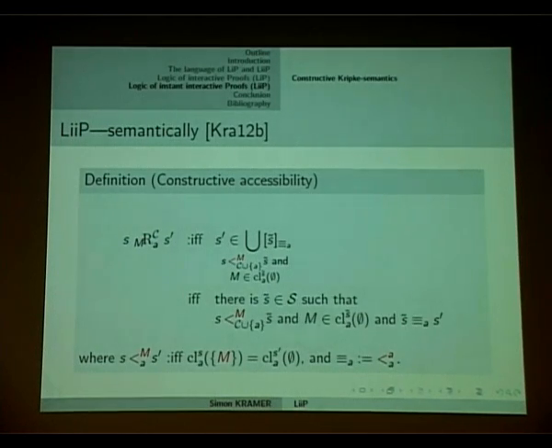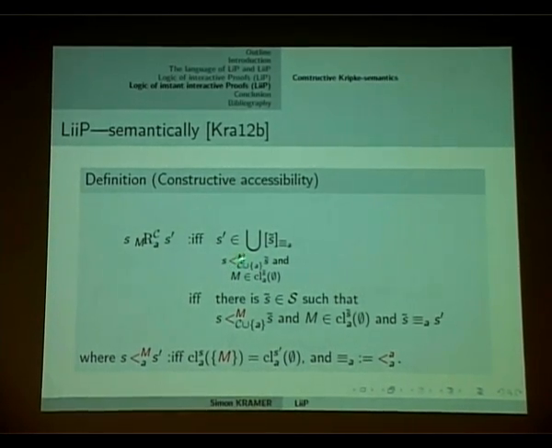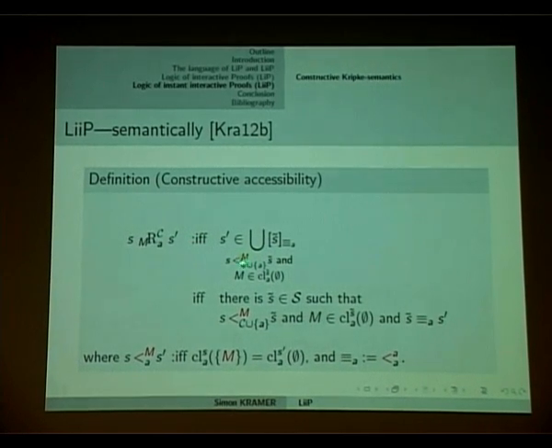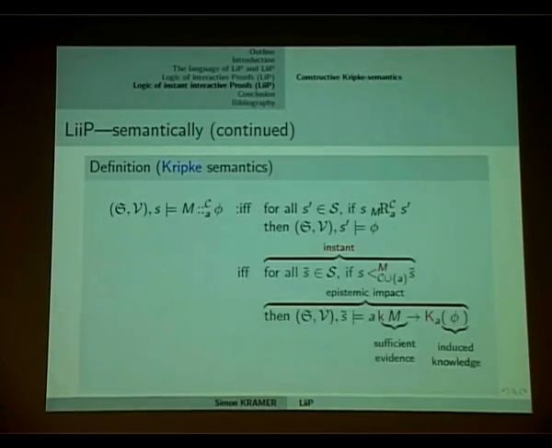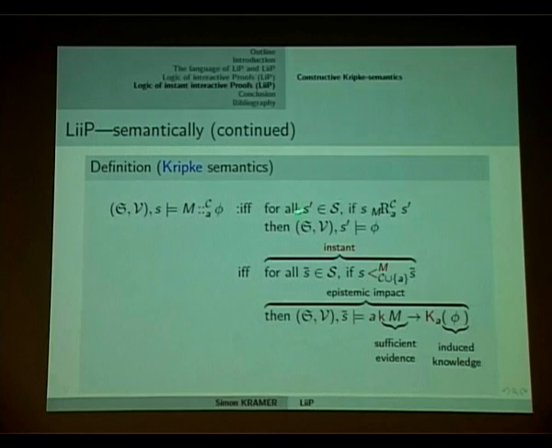And this is then the constructive accessibility. The reason why we have this B, the name of B, in the signing rule is because of that. So this is the difference. It's not reflexive anymore, and we have this message M. But besides that, it is standard Kripke semantics.